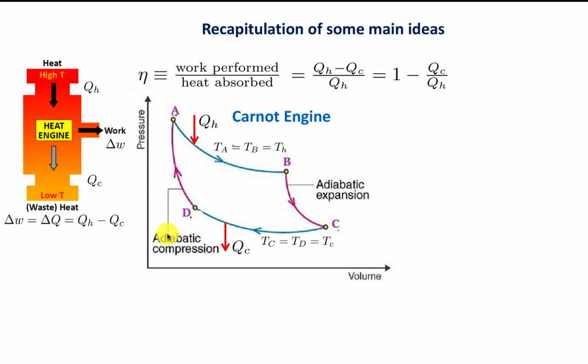Again, this is adiabatic. Now you can use any substance that you like in this Carnot engine. It can be a gas of any kind, or it can be a liquid.